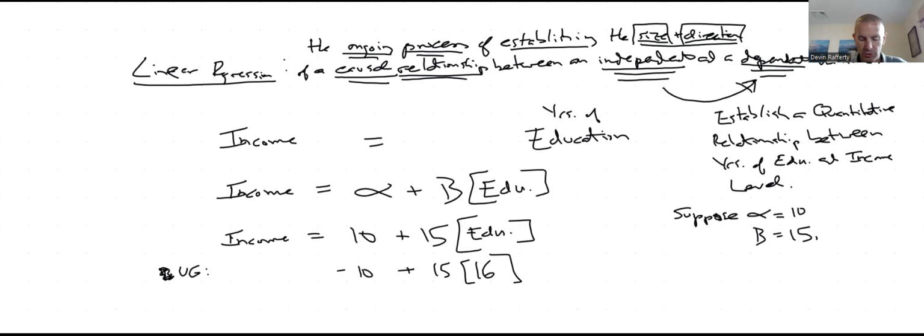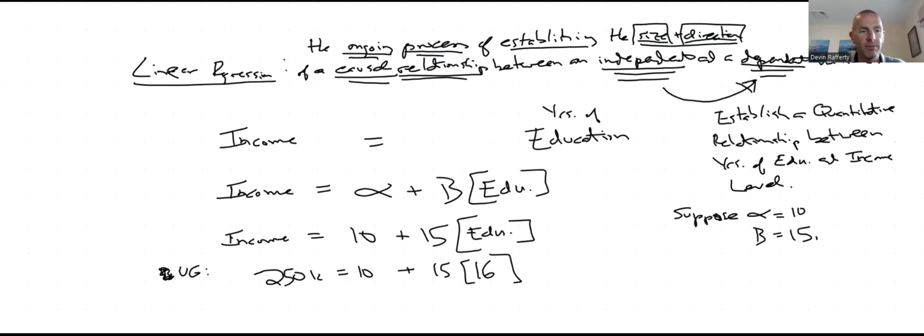So we could assume, just according to this model, which is a little ridiculous, right? But we could say that you could expect to make $250,000, if this is the correct model, if 10 was our alpha and 15 was our beta.